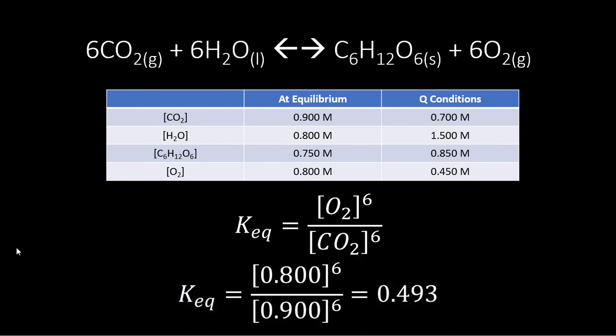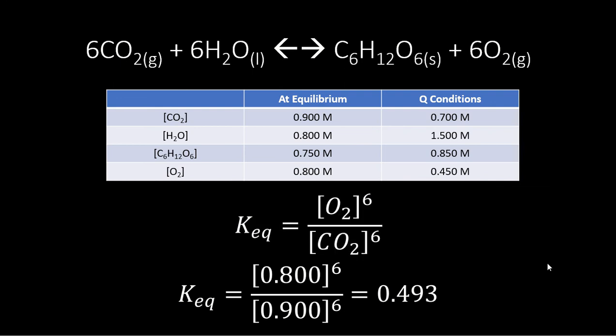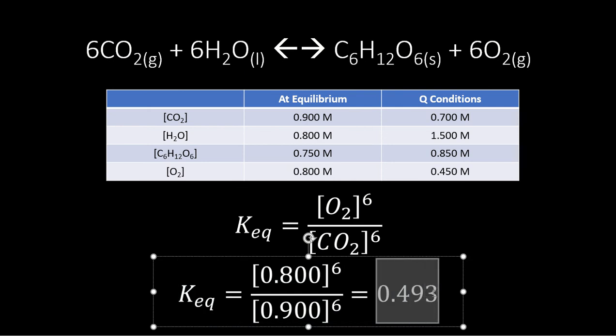The equilibrium constant does not have units, thank goodness. So, effectively, KEQ equals 0.493. If you're asked to write the expression for the equilibrium constant, that would just be this top thing right here. And if you're asked to evaluate what the equilibrium constant equals at the given concentrations at equilibrium, then just plug them in, whatever is relevant, and boom, this is the value.